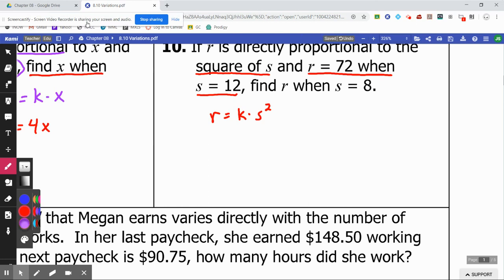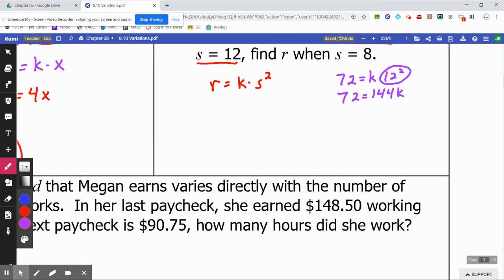So now we're going to take our formula and plug in 72 for R equals K times 12 for our S, 12 to the second power, that'd be 144. So that gives us 72 equals 144K. Divide by 144. Reduce that, and that gives you that K is equal to 1/2.